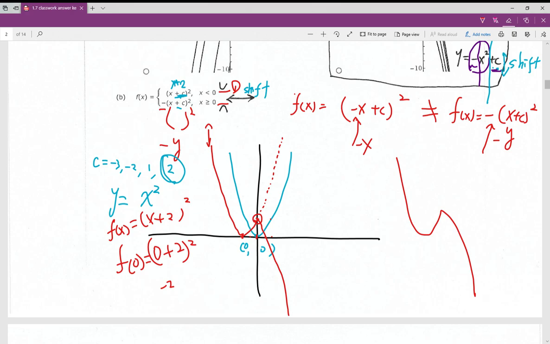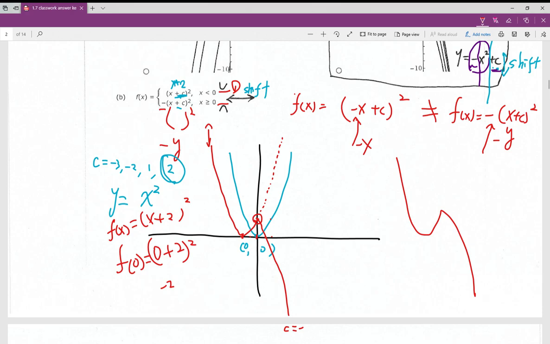And then when we have this, this is c equals 2. Let me write it down. c equals 2.